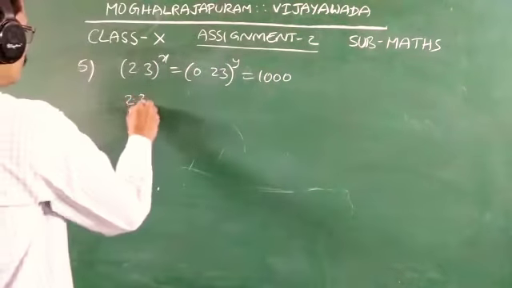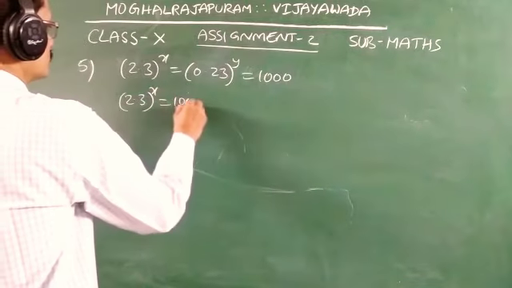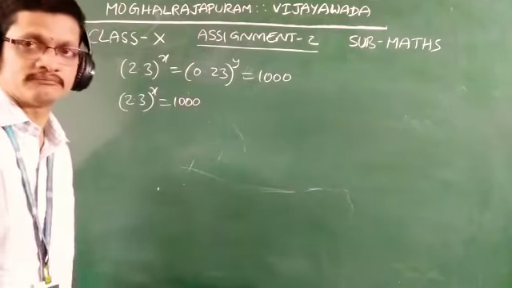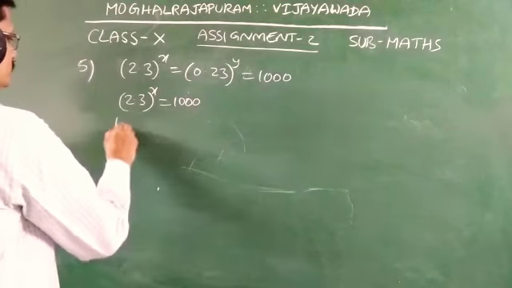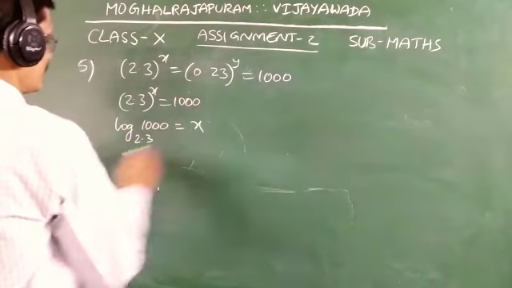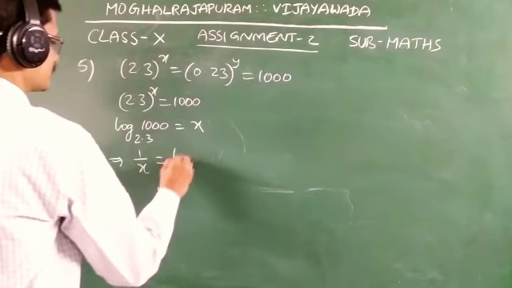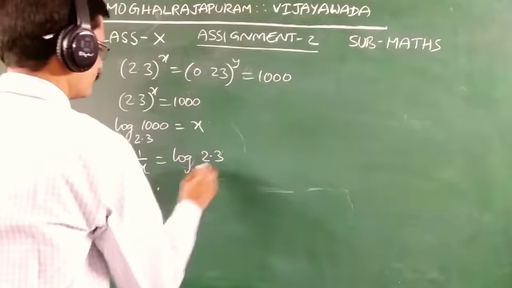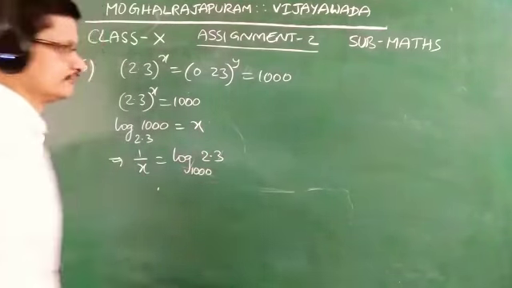So 2.3 whole power x is equal to 1000. This is exponential form. Convert to logarithmic form. So log 1000 to the base 2.3 is equal to x. This implies 1 by x is equal to log 2.3 base 1000. Whenever reciprocal, base becomes number, number becomes base.